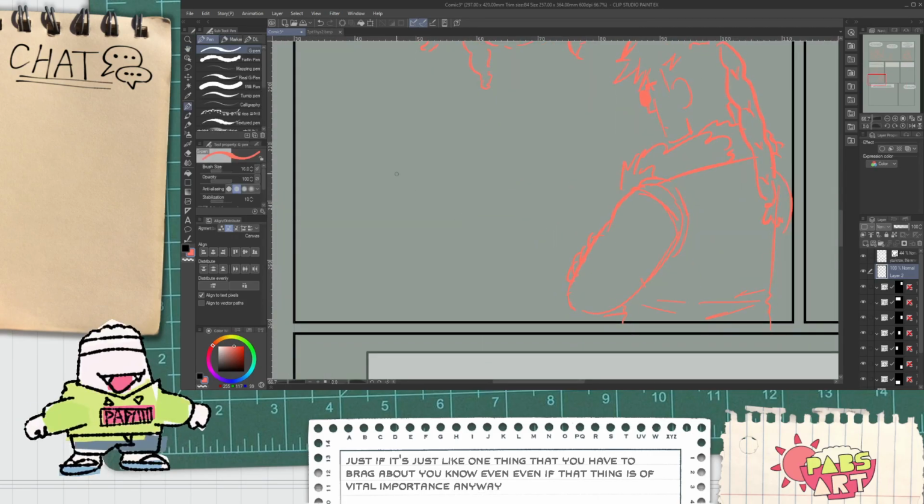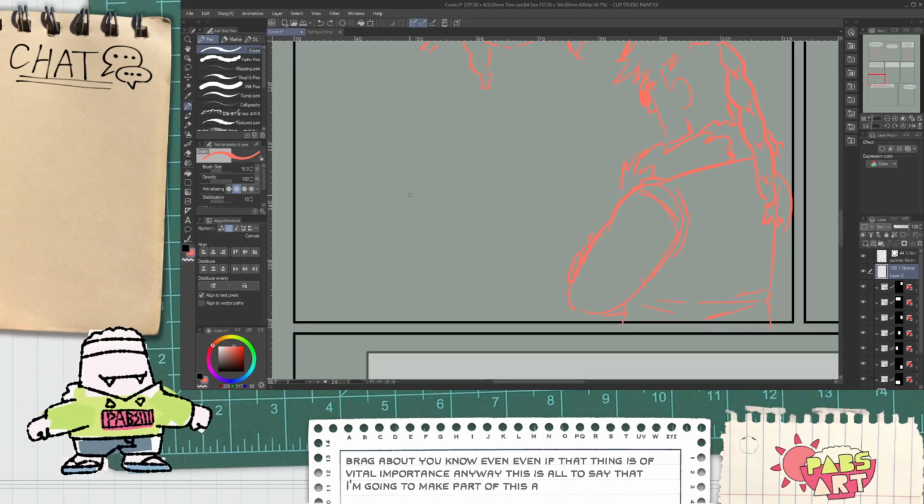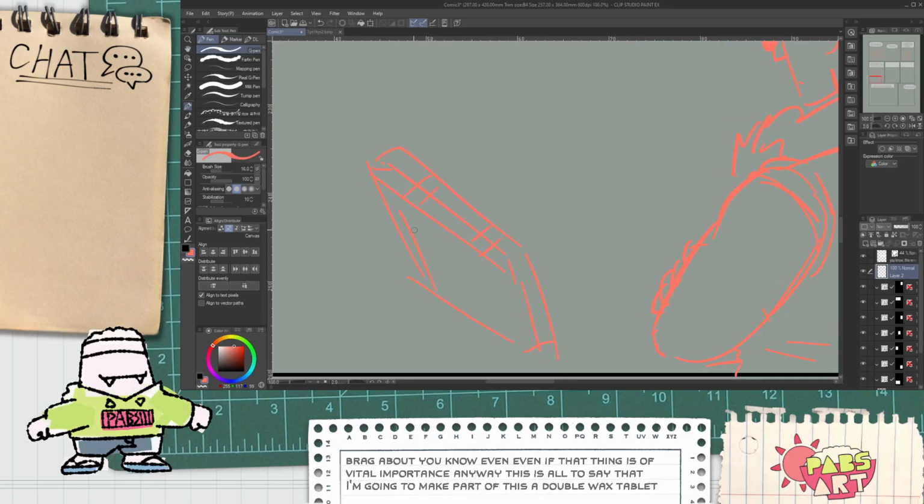Anyway, this is all to say that I'm going to make part of this a double wax tablet. And this is going to have the stylus pen on its side.